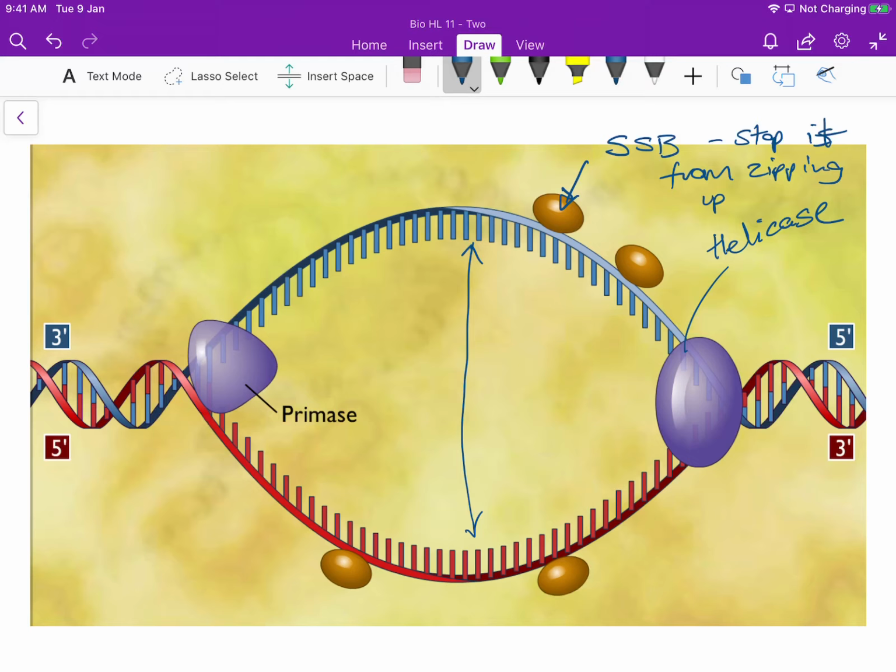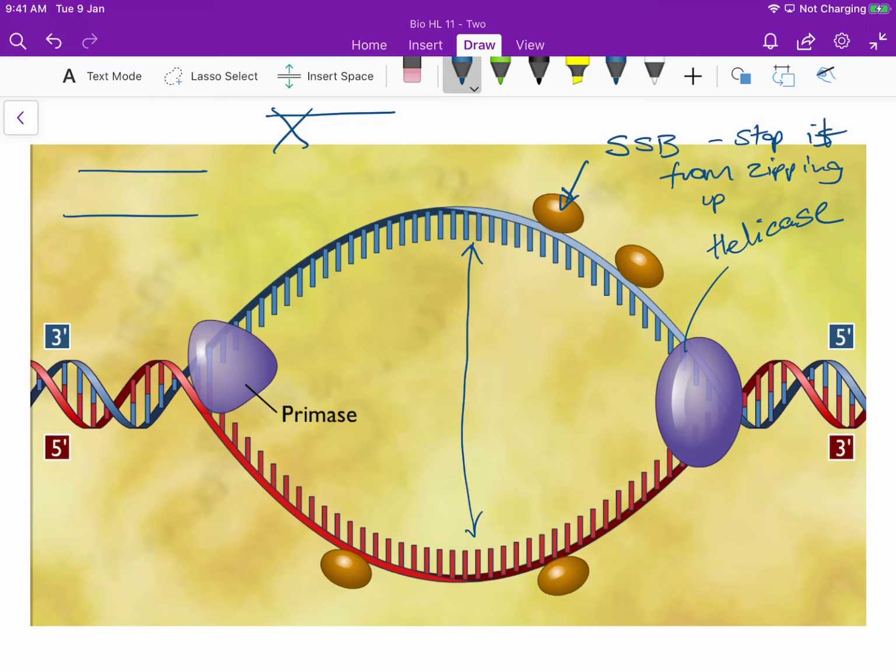All right, so we've got primase, and you can see it's binding to the DNA on one of the strands. And the reason it needs to do that is that our building enzyme, the enzyme that's going to build the new strand, can only join to a double-stranded molecule. So if we've got a single strand along the top, it can't bind.